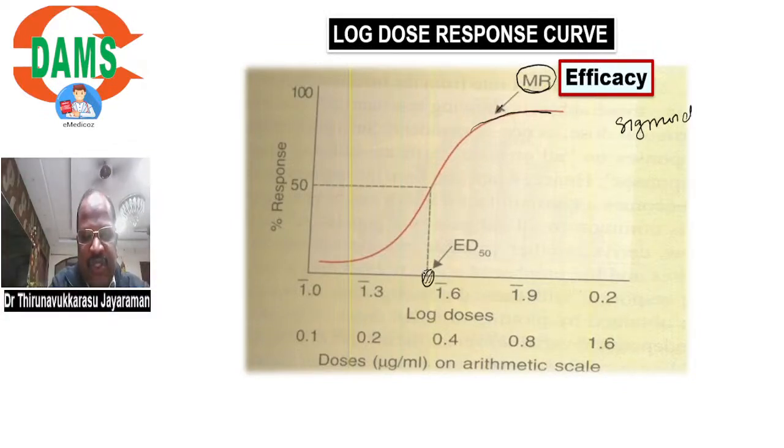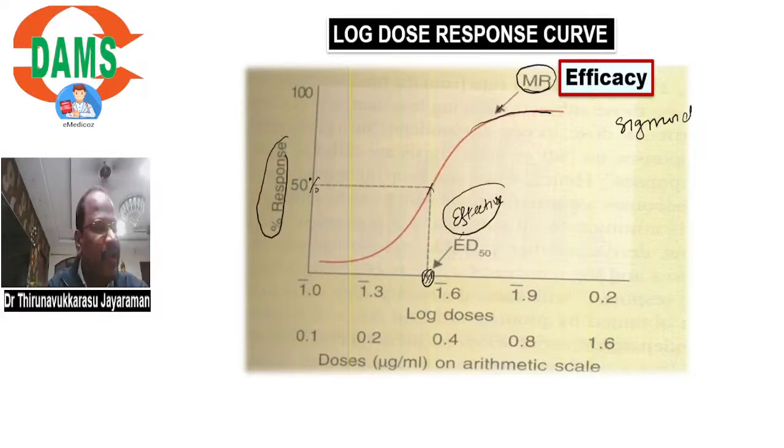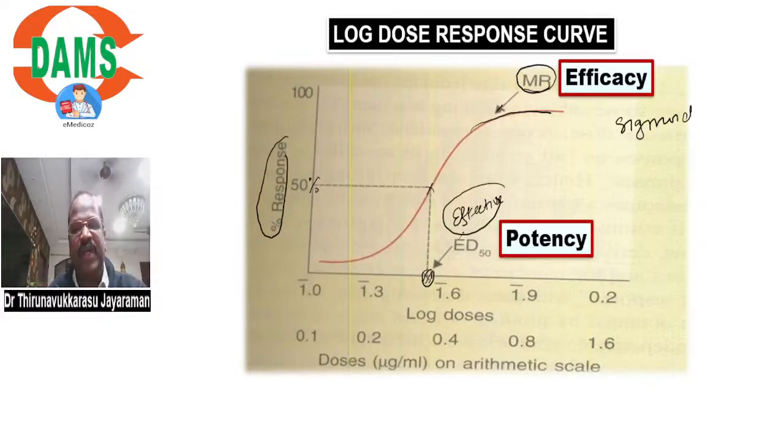Whereas look here, the dose at which you get 50% of the maximum response is known as ED50, that is effective dose 50. And the ED50 corresponds to the potency of the drug. If we know this point, you should be able to answer my question.